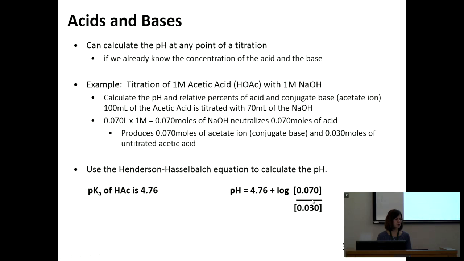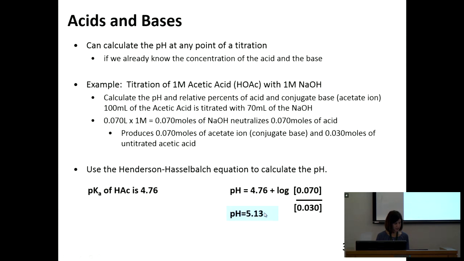But on the homework, you can look them up or Google them, okay? And we've made 0.07 moles of our conjugate base, and we're left with 0.03 moles of our acid. So if you do that math out, we're at pH 5.13.